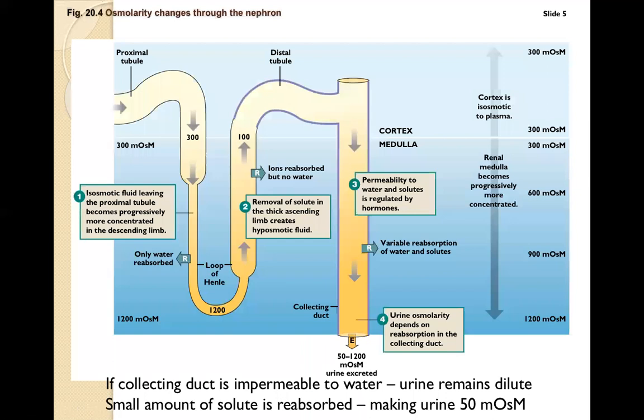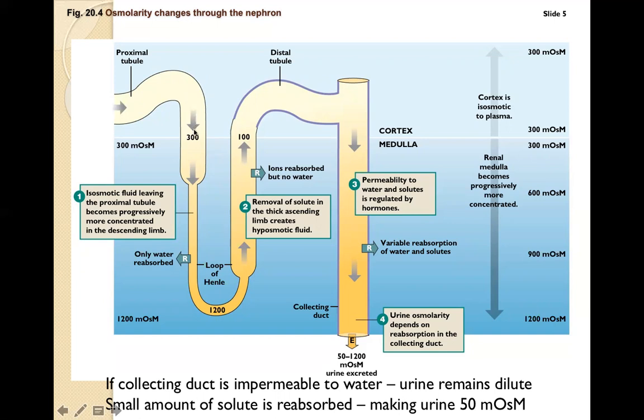I need to restate that. The fluid that is leaving the glomerulus and going into Bowman's capsule is isoosmotic with the plasma. And so the fluid that is entering Bowman's capsule and then into the proximal tubule is about 300 milliosmoles.